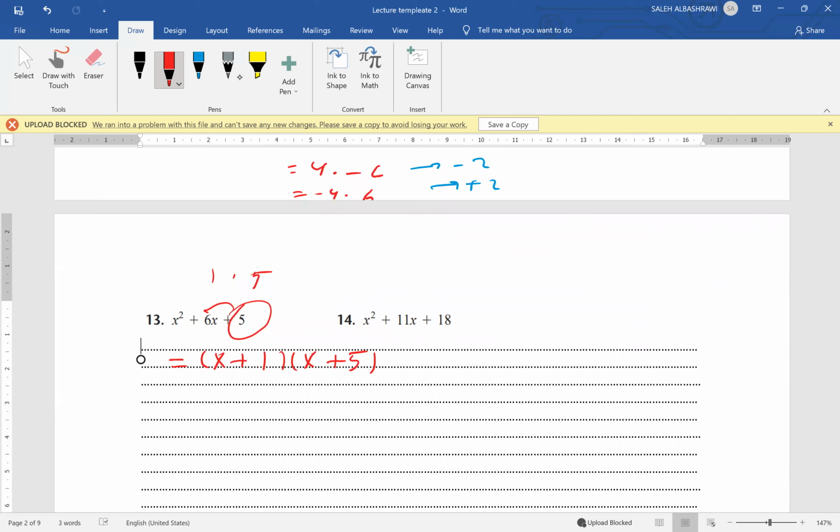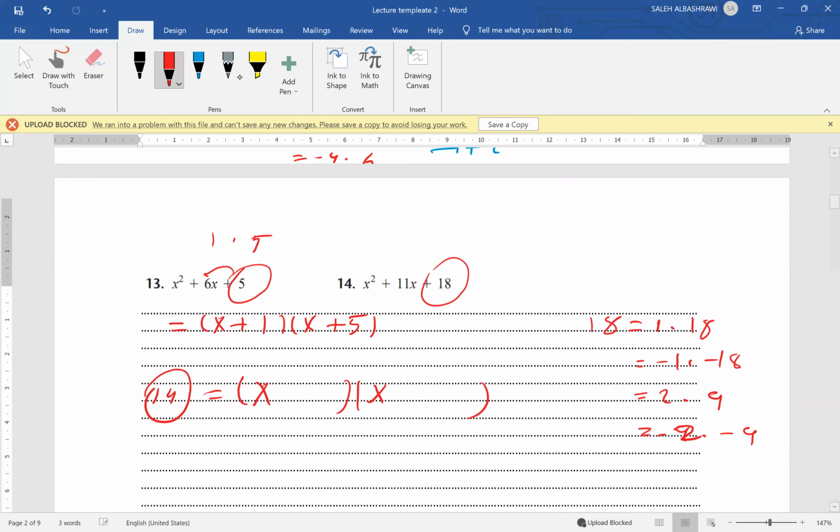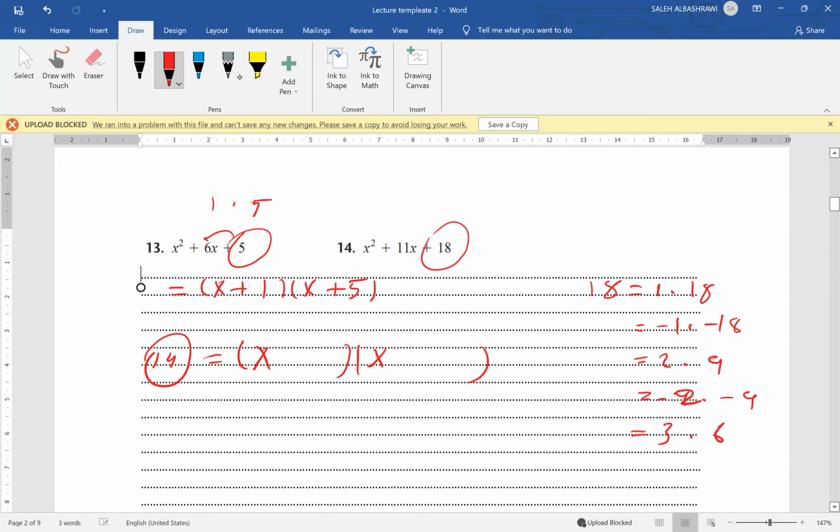Number 14, it is x multiplied by x. Now I need two numbers, their product equal to plus 18, which is 1 times 18, or minus 1 minus 18, and 2 times 9 or minus 2 minus 9, and it is 3 times 6 and minus 3 times minus 6.